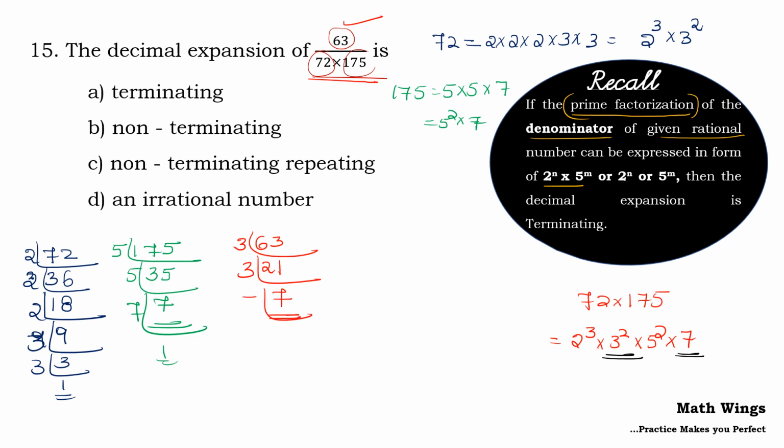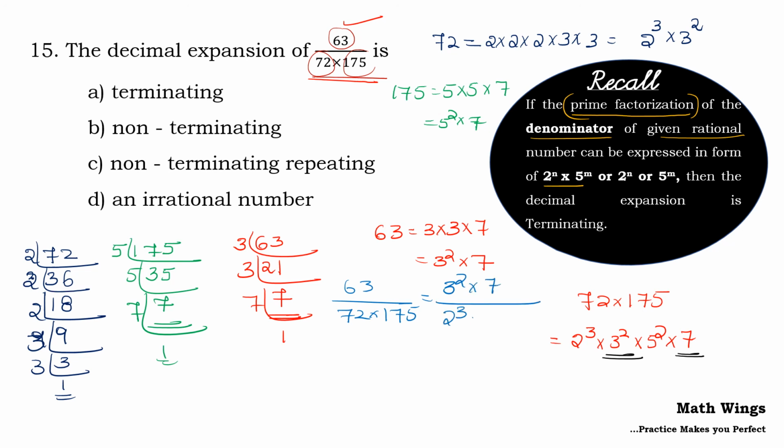Therefore, the prime factorization of 63 is 3 square into 7. Therefore, let us write all the prime factorizations in the format: 63 divided by 72 into 175 is equal to 3 square into 7 divided by 2 cube into 3 square into 5 square into 7.